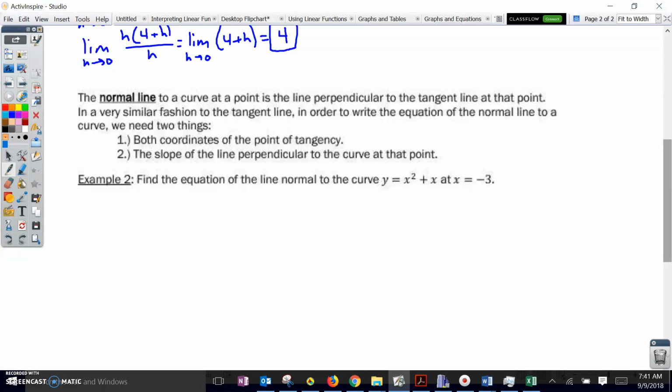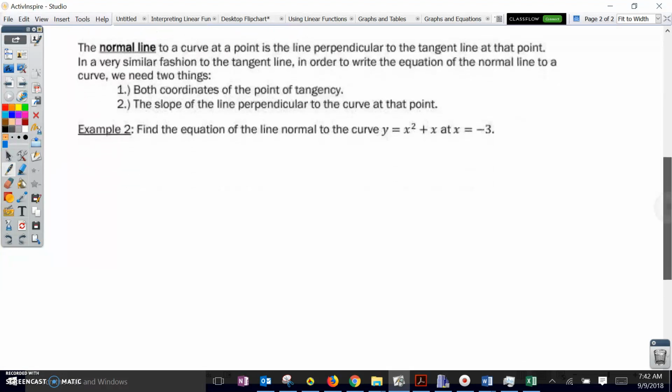And so what we're going to do is we're actually going to find the slope of the tangent line at that point, and then use the fact that the tangent line and normal line are perpendicular, so their slopes will be opposite reciprocals in order to find the slope of the normal line. Okay, so those are the two things that we need to find.